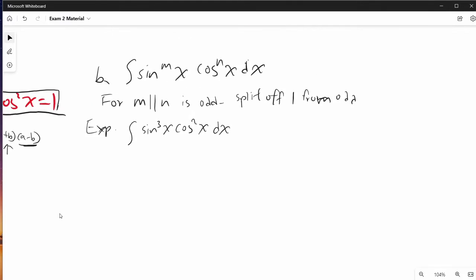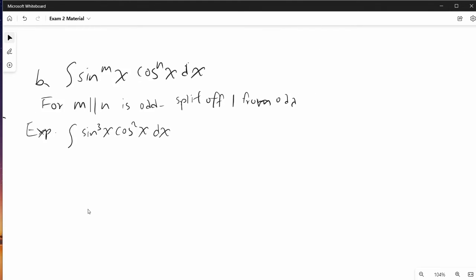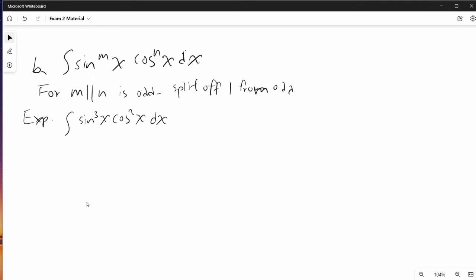The other part of sine and cosine is when you have sine and cosine with higher powers of it. So in this case, we have sine x to the m power and cosine x to the n power, where one is m and n, right? And then we have two cases.